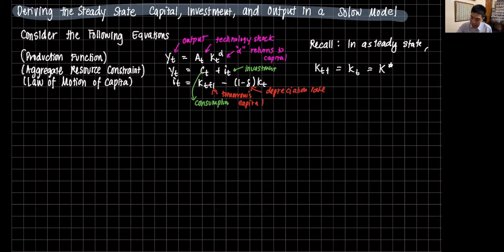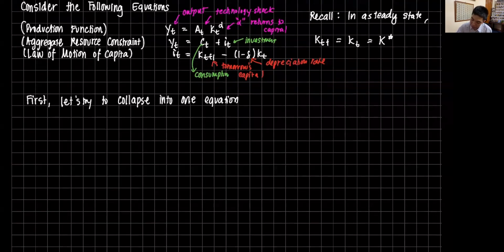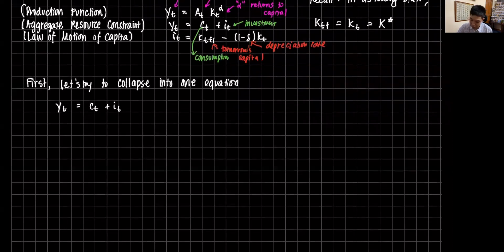So the first thing we're going to do is collapse the three equations into just one equation. We have numerous Y_t's, so I'm going to take the aggregate resource constraint: Y_t is equal to C_t plus I_t.